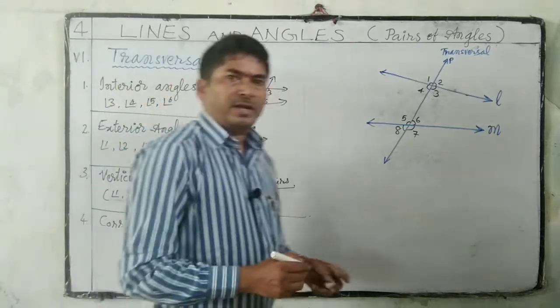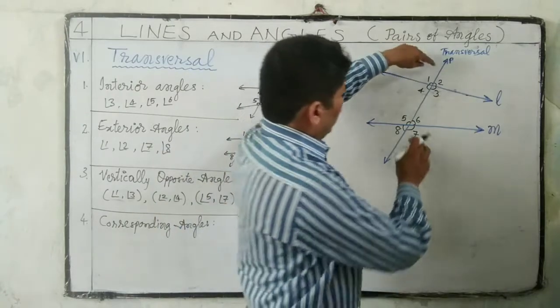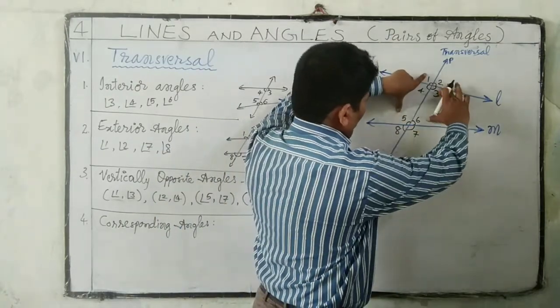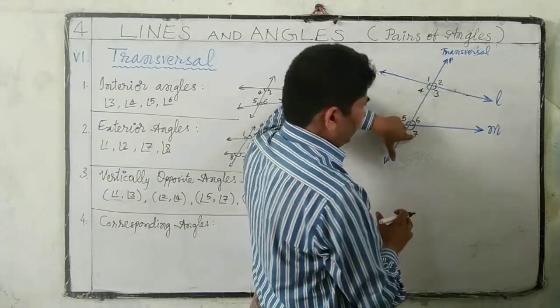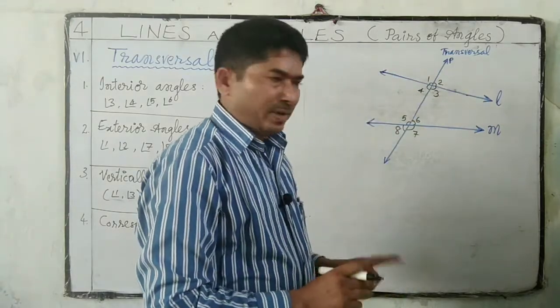Next, corresponding angles. What are corresponding angles? 1, 5, 2, 6, 4, 8, 3, 7 are called corresponding angles.